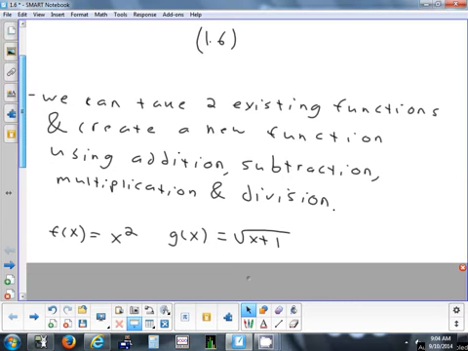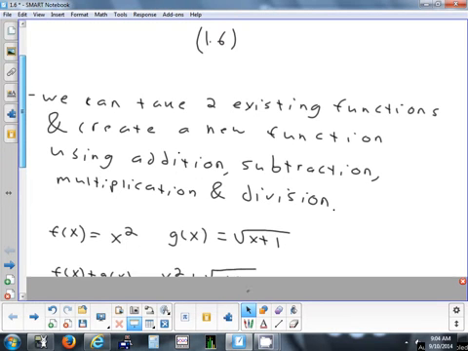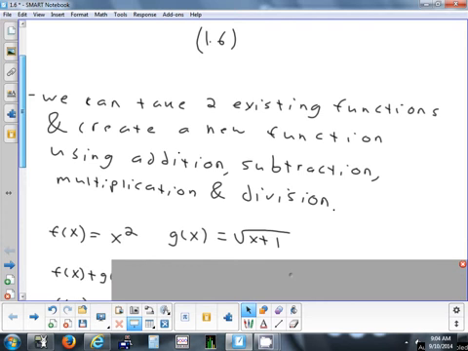So suppose we had these two functions. f of x equals x squared, and g of x equals the square root of x plus 1. And I want to combine them together to create a new function. I'm just going to combine them by adding. I'm going to do f of x plus g of x. If I want to add these two functions together, is there anything that can be combined?